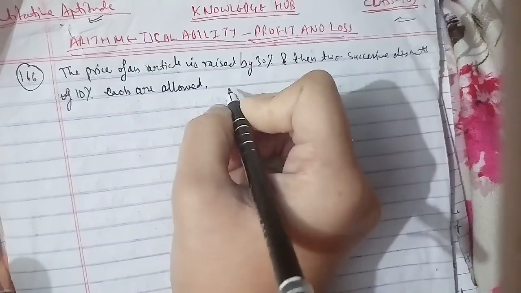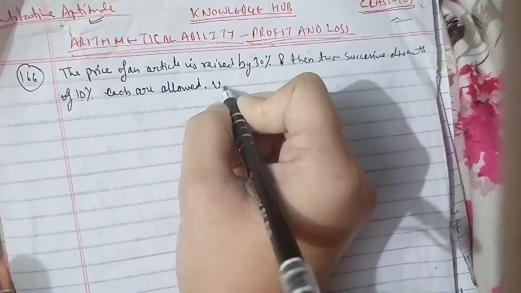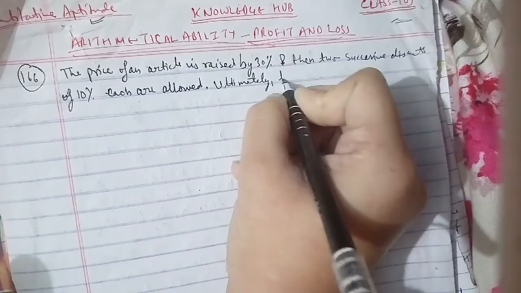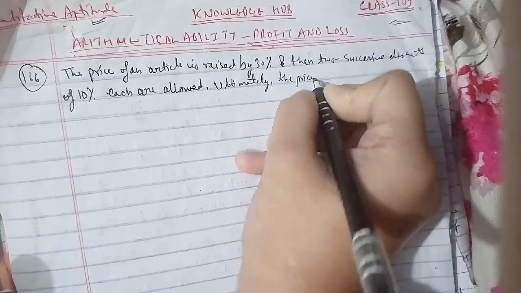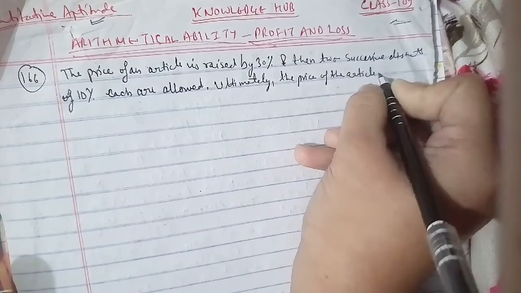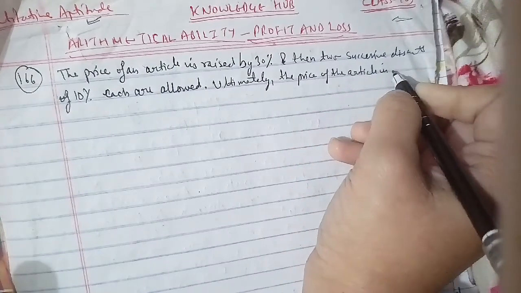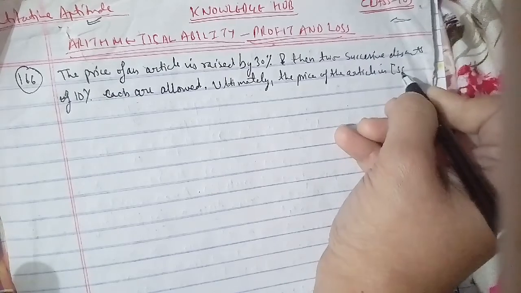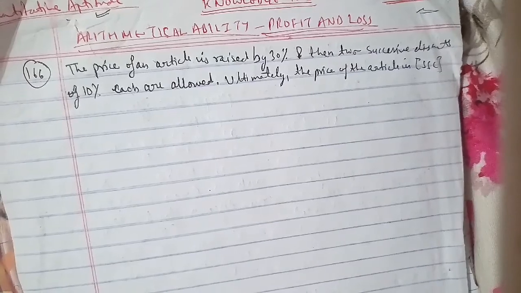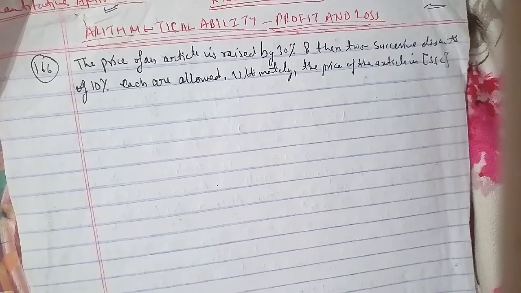Ultimately, the price of the article is... This has been asked in your SSC examination paper. The options are decrease by 5.3%, increase by 3%, increase by 5.3%, and increase by 10%. So we go ahead.